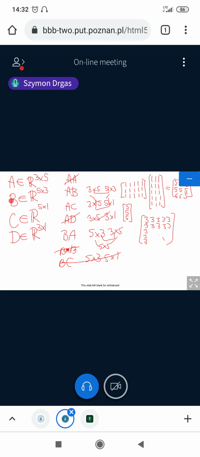And then B times D. This one is allowed. So 5 times 3, 3 times 1. So the resulting matrix will actually be a vertical vector with 5 components, and all components are equal to 3.